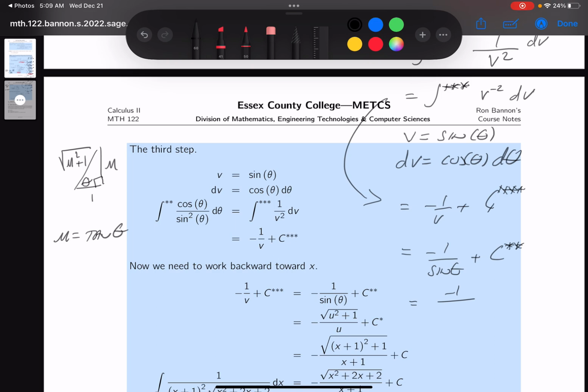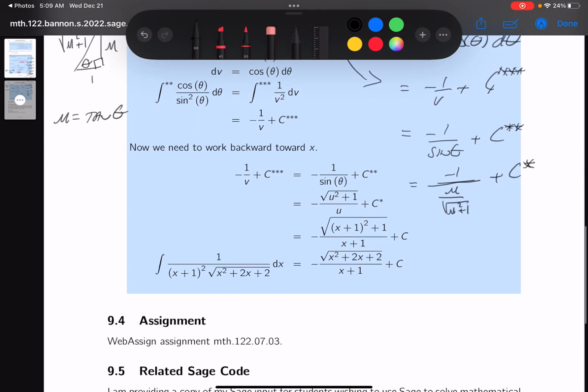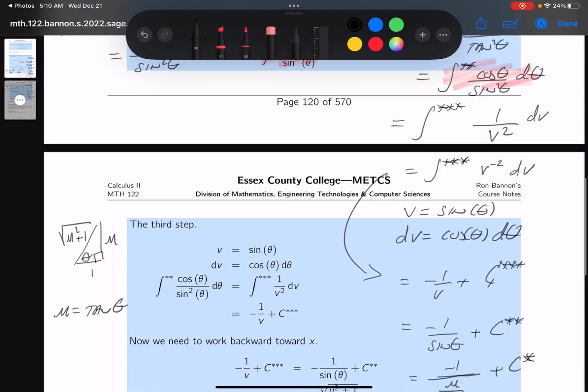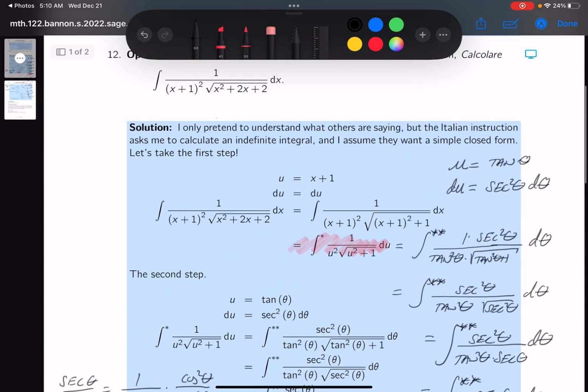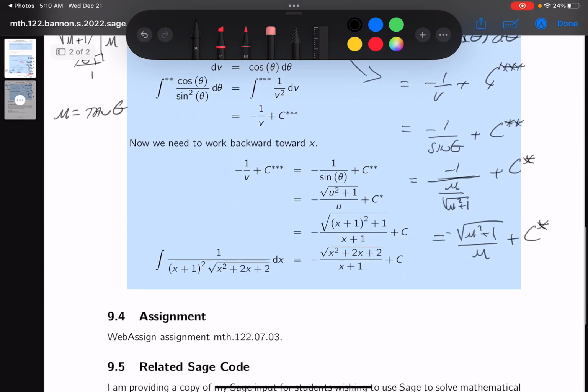Sine would be u over the square root of u squared plus 1, so that's minus the square root of u squared plus 1 over u, plus a constant. Now I've got to figure out what u is. It's x plus 1.